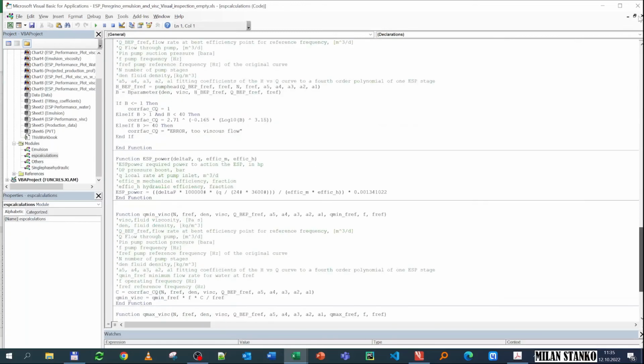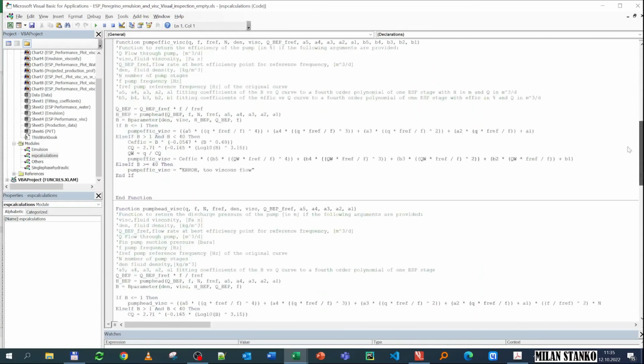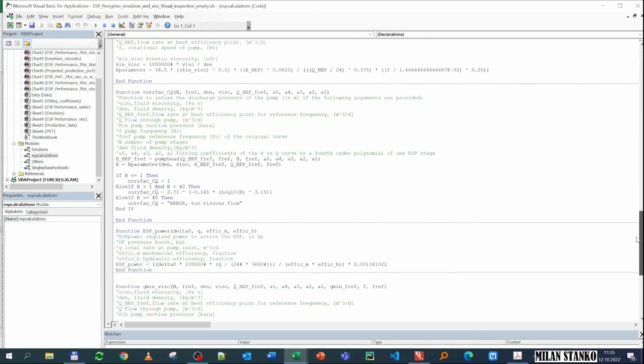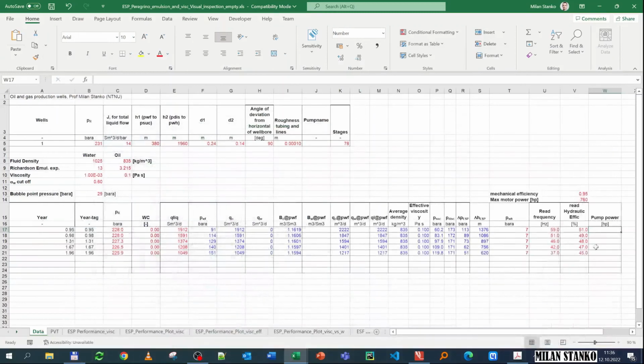It should be someplace here. ESP power. Okay, so it's delta P across the pump, in bar, times the Q at local conditions. And then I have the mechanical efficiency and the hydraulic efficiency, and then I have a conversion factor which converts from watt to horsepower.